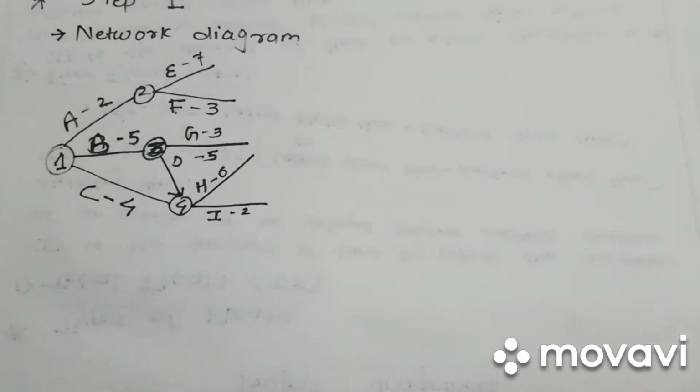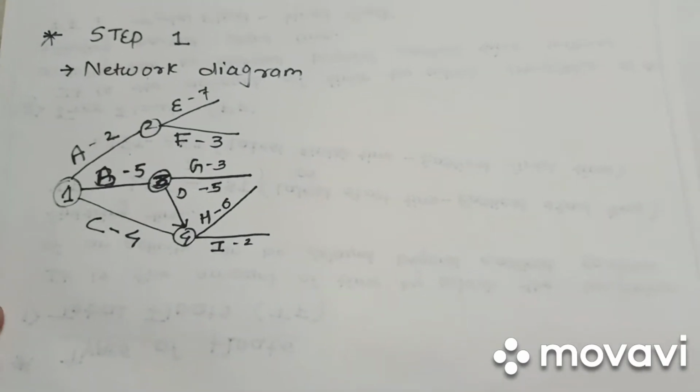After this, J's preceding activity is only E.